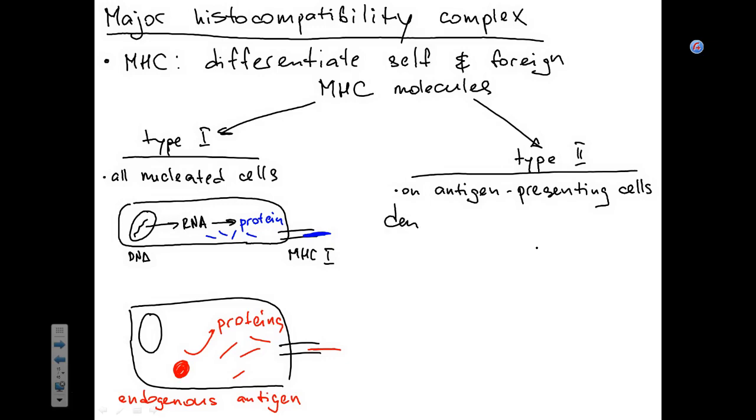It's going to be dendritic cells, macrophages, and B cells. The presentation by antigen presenting cells, and we are now going to focus on the dendritic cell.